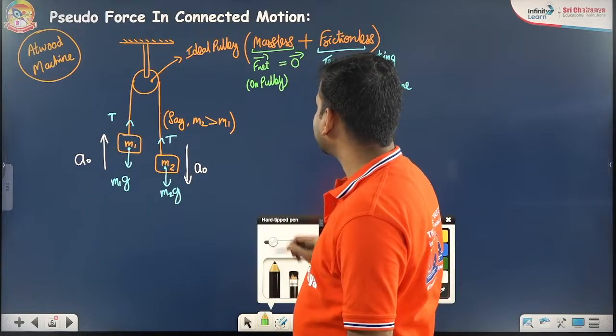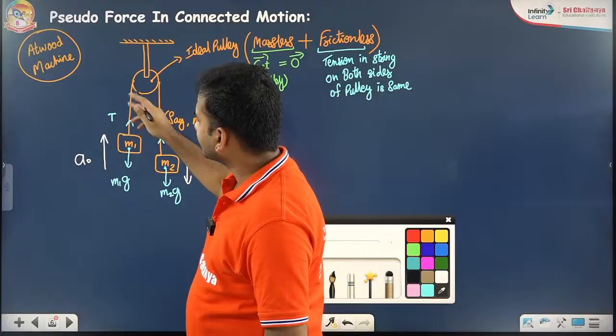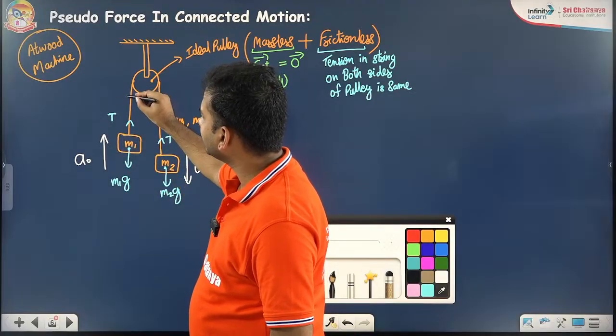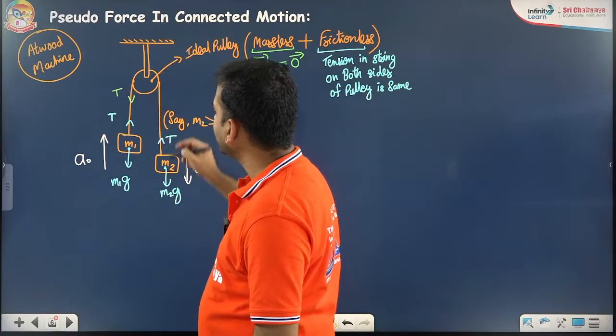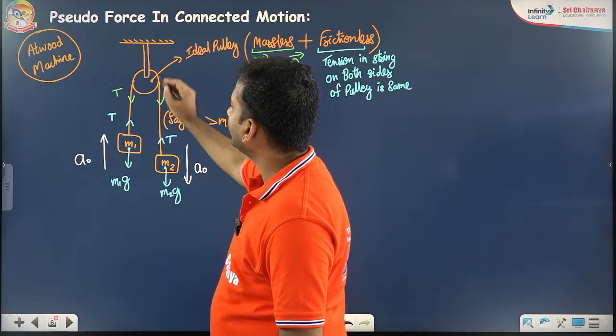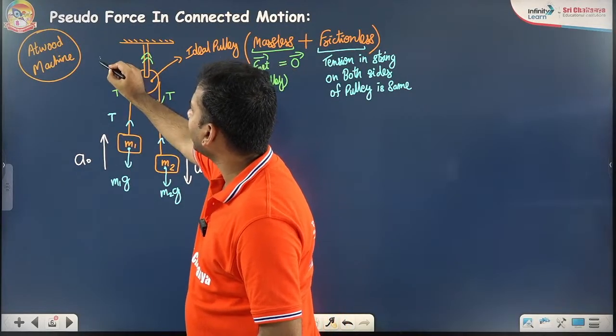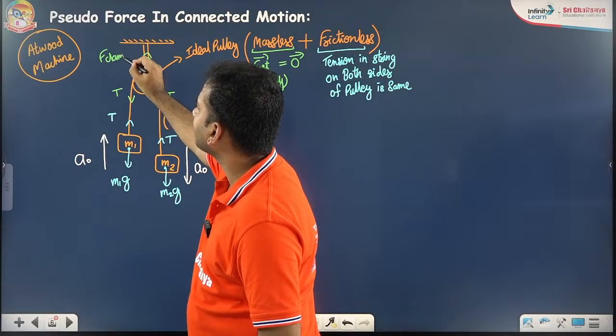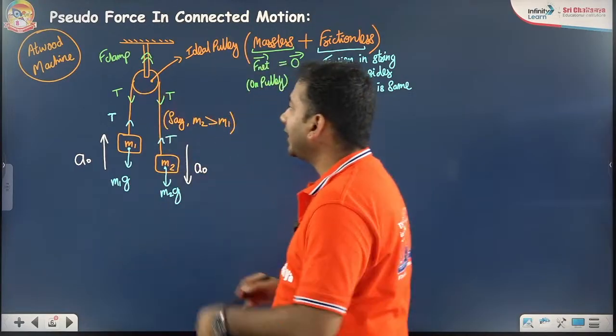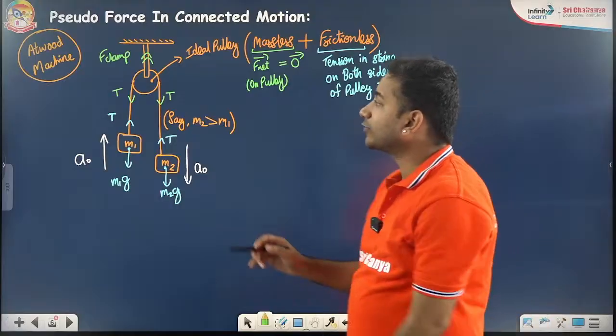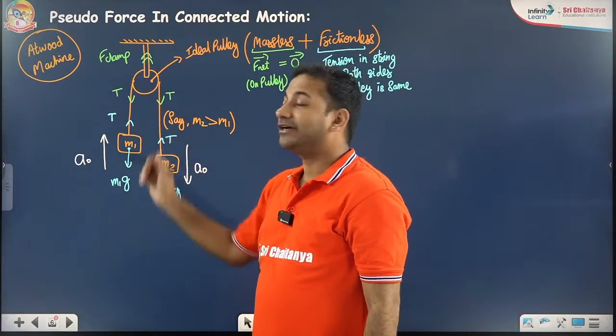And if you consider this pulley here, the same string which is pulling this M1 up, the same string is pulling the pulley down, and there will be F clamp or clamp reaction here. Since the pulley is considered to be ideal, net upward must be equal to net downward. So I will say F clamp will be equal to 2T.